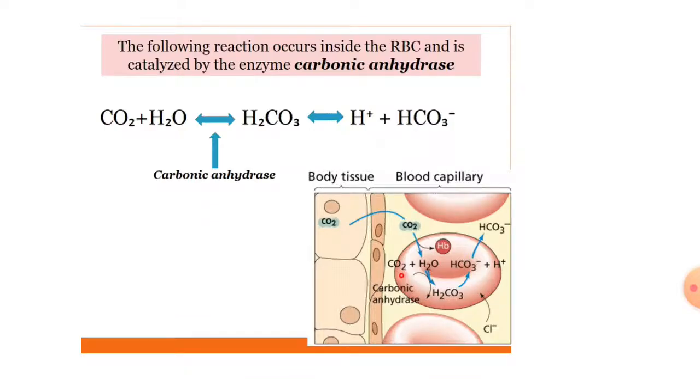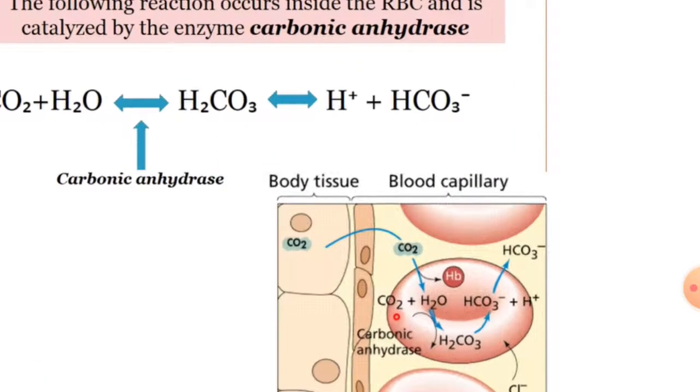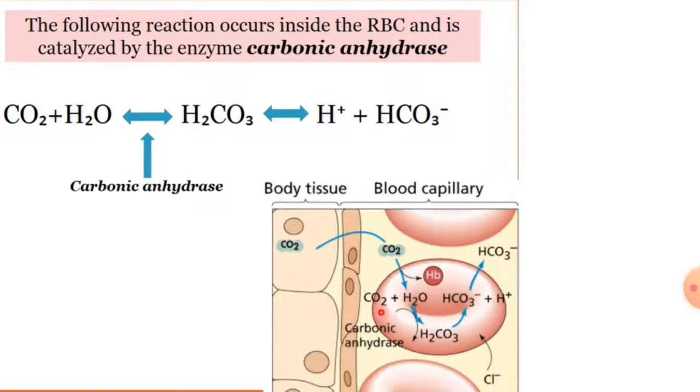The other important role of the red blood cell: the red blood cell contains an important enzyme which is called carbonic anhydrase, and this enzyme catalyzes the reaction between carbon dioxide and water.